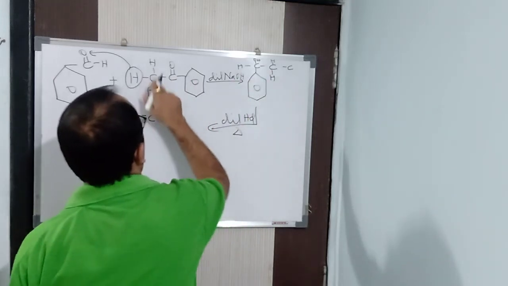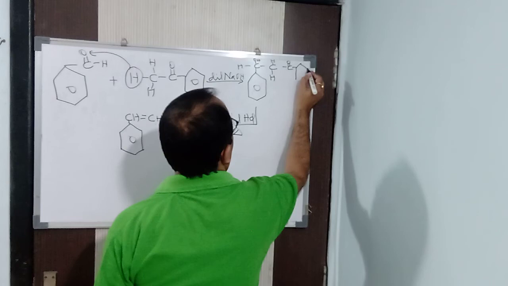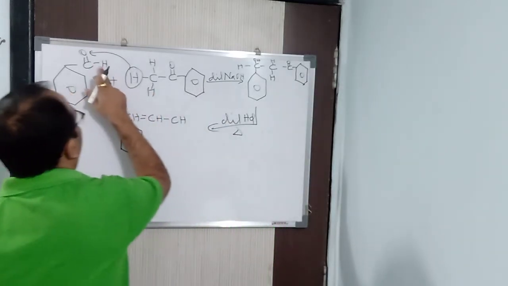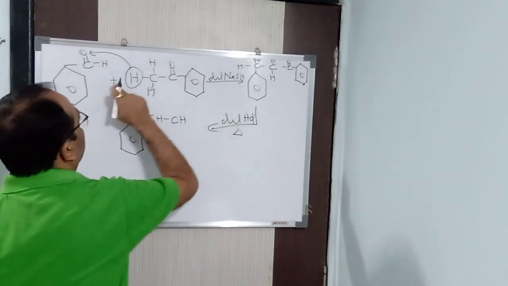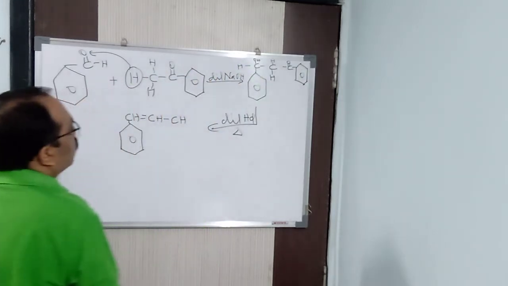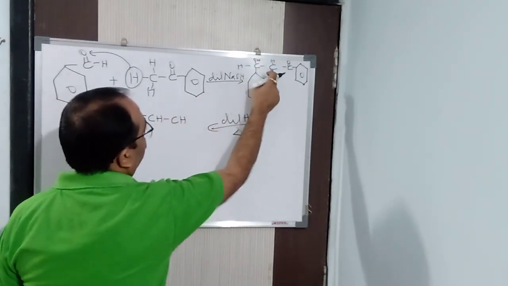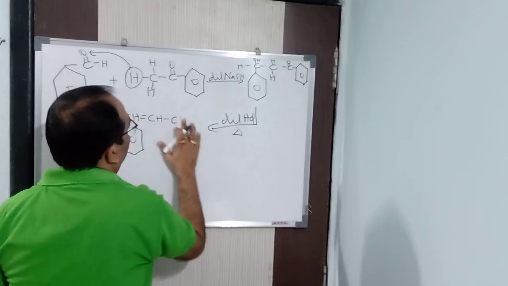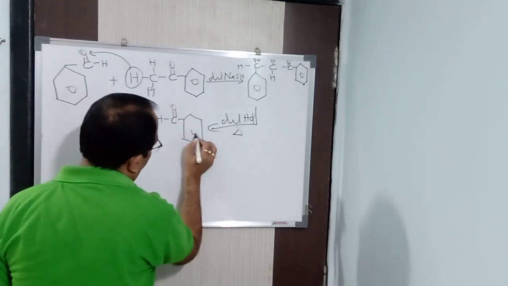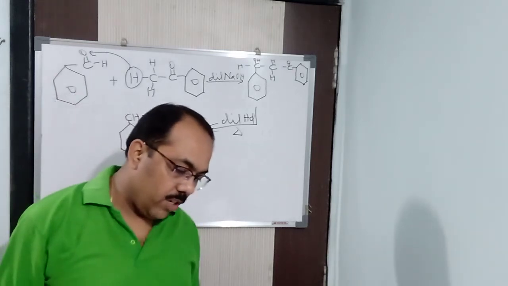Here it will be CH2CO benzene ring. This H goes here. So it is COH, then CH2, then CO benzene ring. Correct, now I am correct. So this HOH goes. So CH double bond CH, then single bond C double bond O, then benzene ring. You get this product.